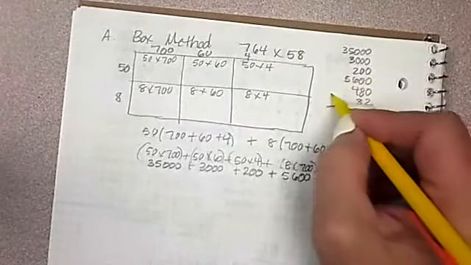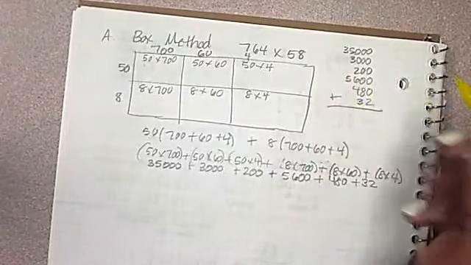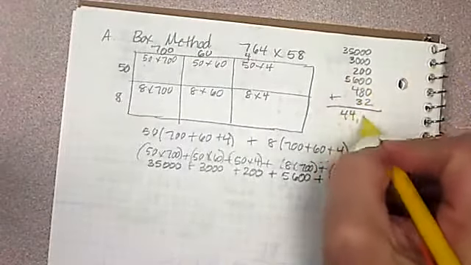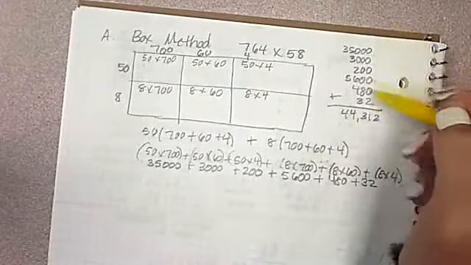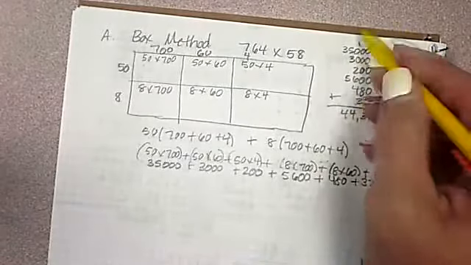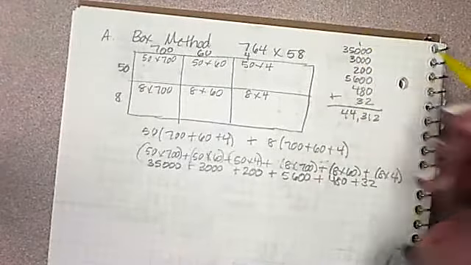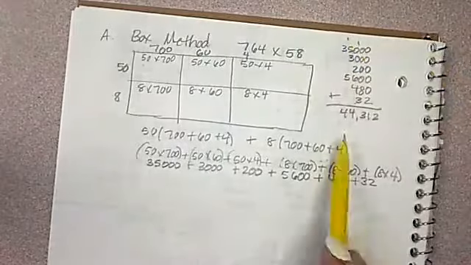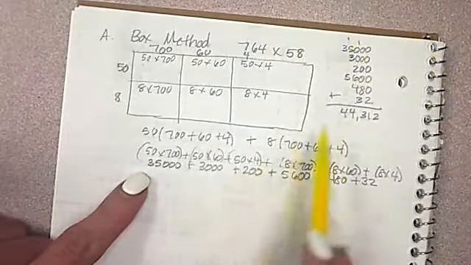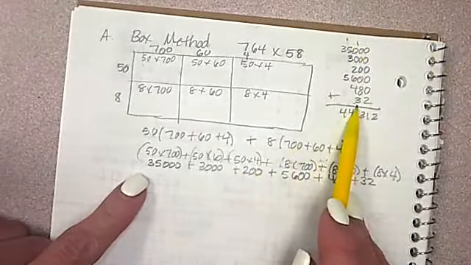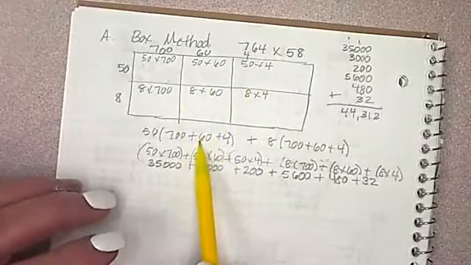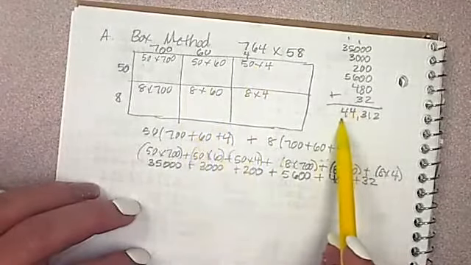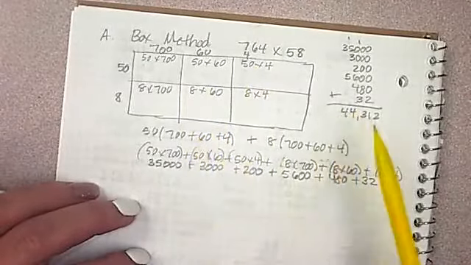Adding all of those together, we come up with 44,312. All right. Here you could be using your standard algorithm and carrying on each of these. But this validates the standard algorithm, meaning I can distribute in a different visual way, but it's validating that you would get the same answer as the standard algorithm.